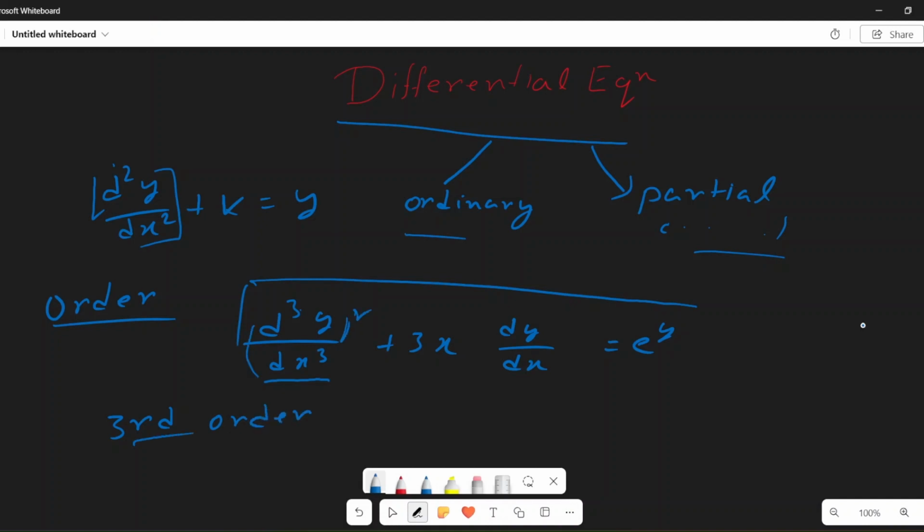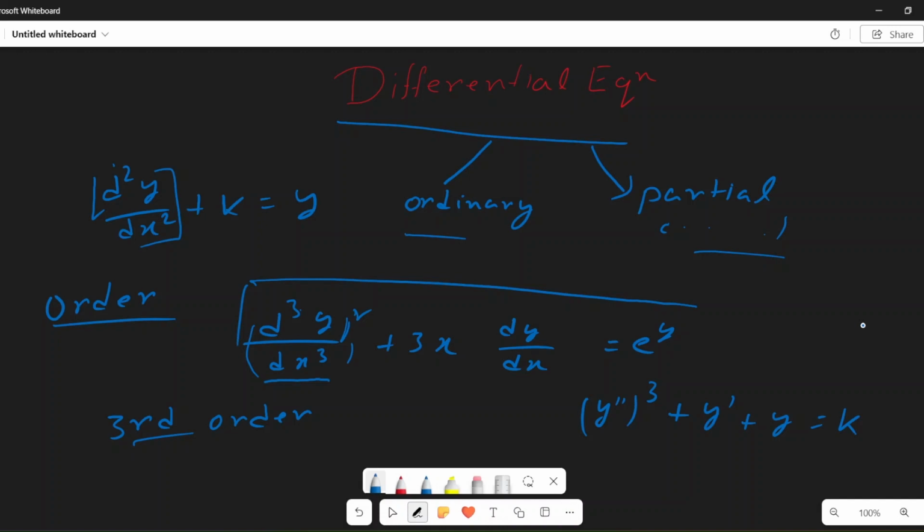We got how to find the order of a differential equation. Now another question is how to find the degree of a differential equation. The power of the highest coefficient is called the degree of the differential equation. Let's take another example: y double dash, cube, plus y' plus y is equal to k.